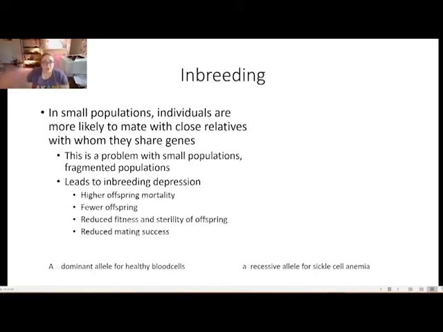So you're going to notice small populations are more vulnerable to pretty much all changes, which makes it more concerning, combined with the fact that we are decreasing populations in so many species all over the world. Inbreeding can lead to higher offspring mortality, fewer offspring, reduced fitness, sterility, and even reduced mating success. So it has a lot of issues.